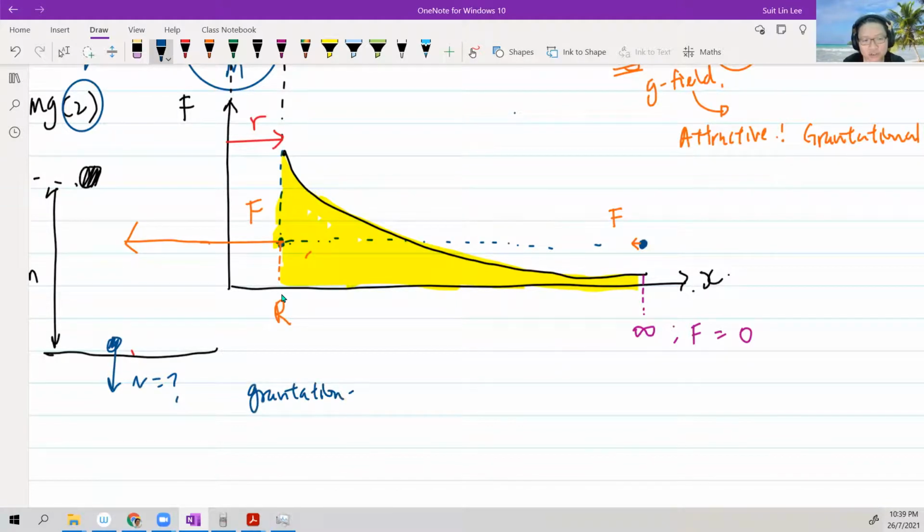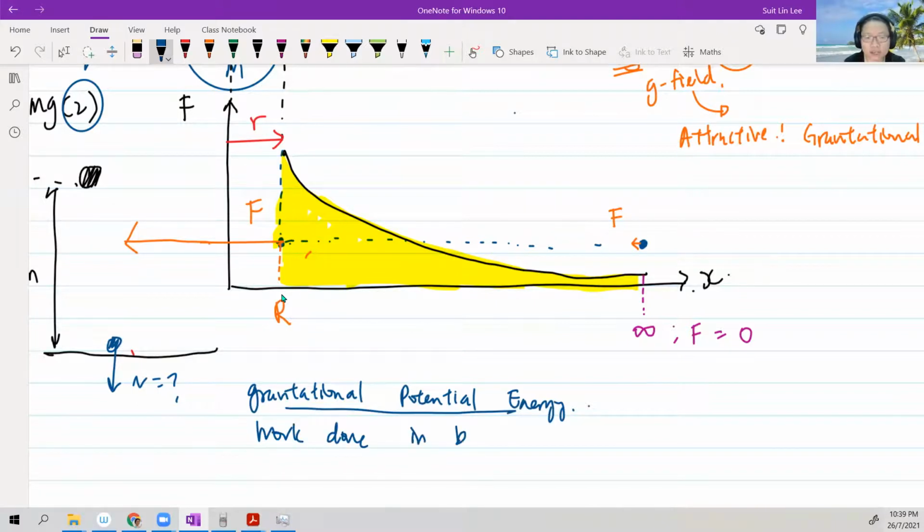Gravitational potential energy in A2, GPE, is defined as work done in bringing an object from infinity. Why do we choose infinity?